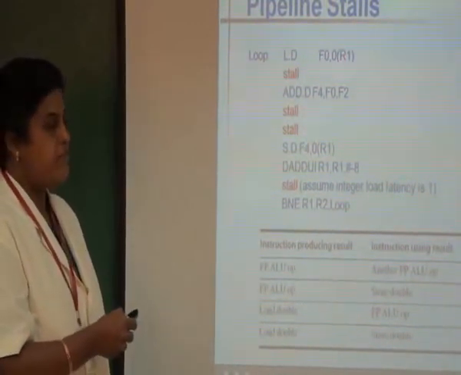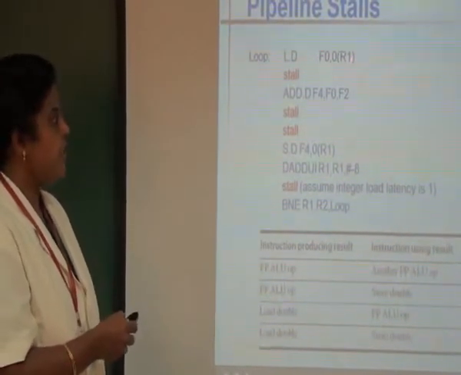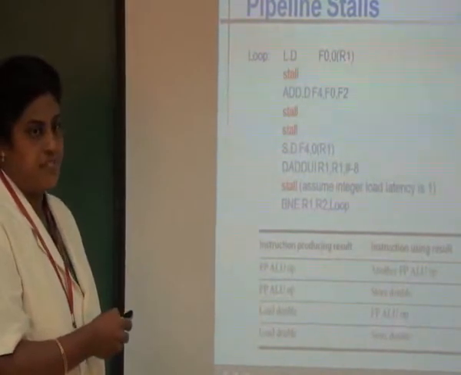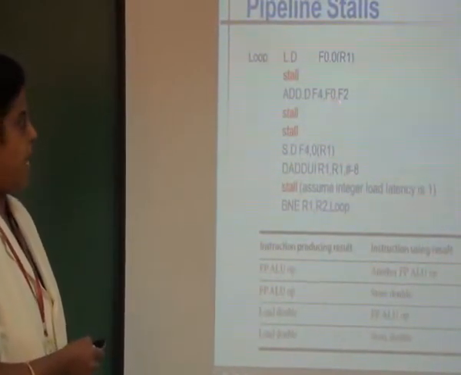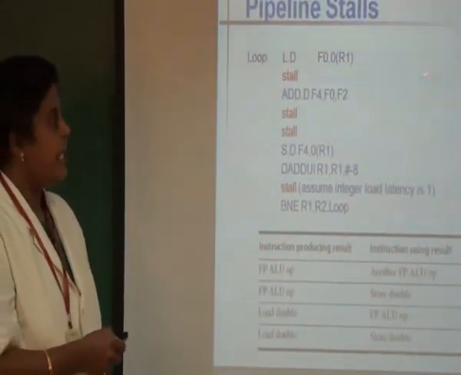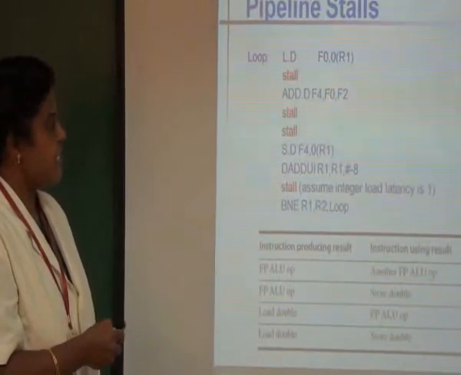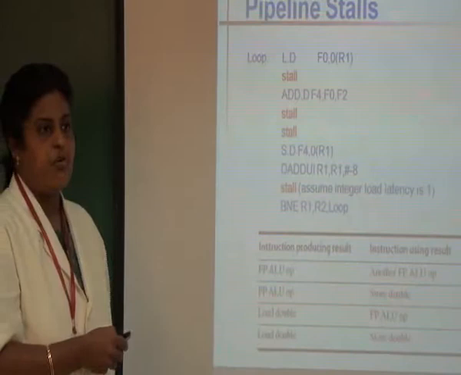R1 is a register which points to one memory location. The content of this memory location is loaded to the register F0. To this F0 we add the scalar quantity in the F2 register, and the result of this addition, F0 plus F2, is stored in the register F4.